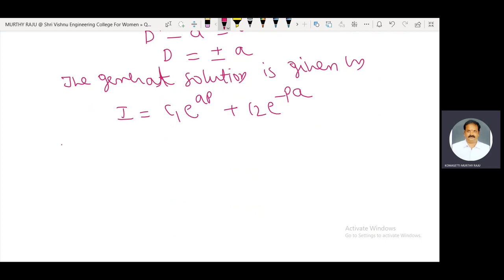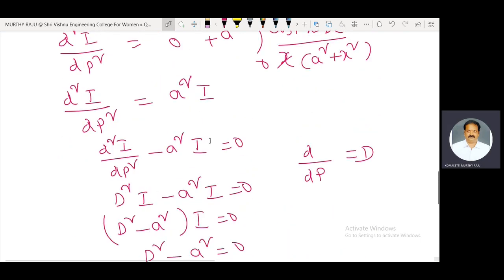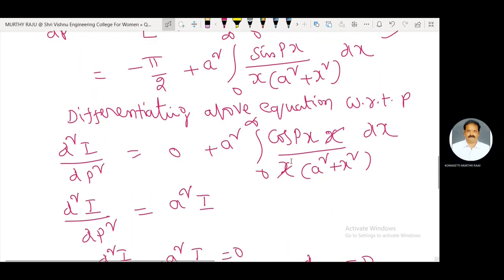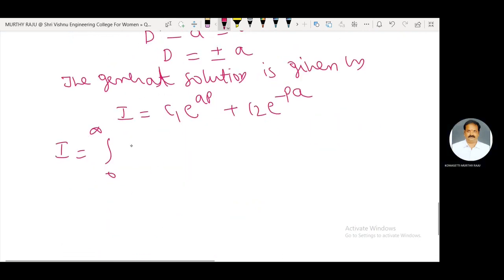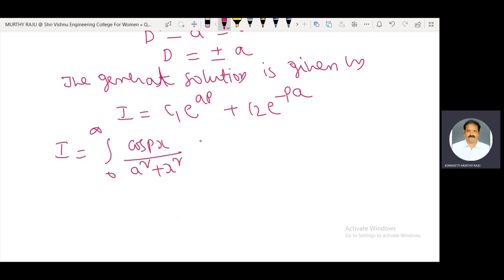We know that I is equal to integral 0 to infinity cos px by a square plus x square into dx.